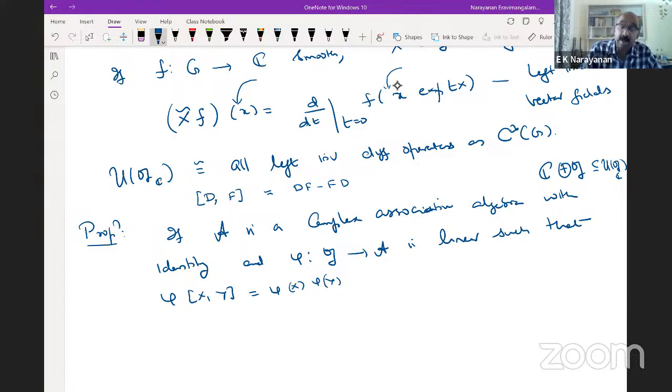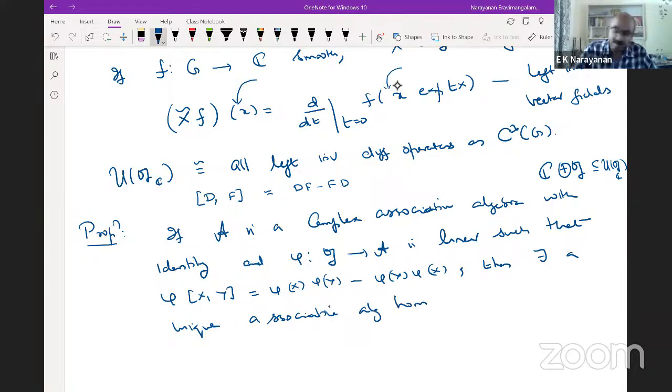That makes sense because these are in A and A is an algebra, so there is a multiplication. Then there exists a unique associative algebra homomorphism phi tilde from UGC to A, which extends phi.